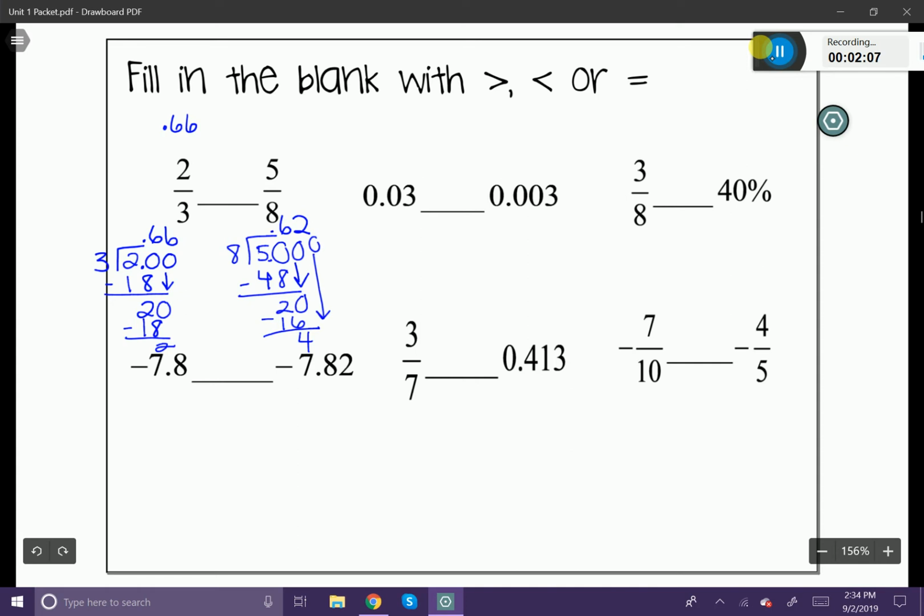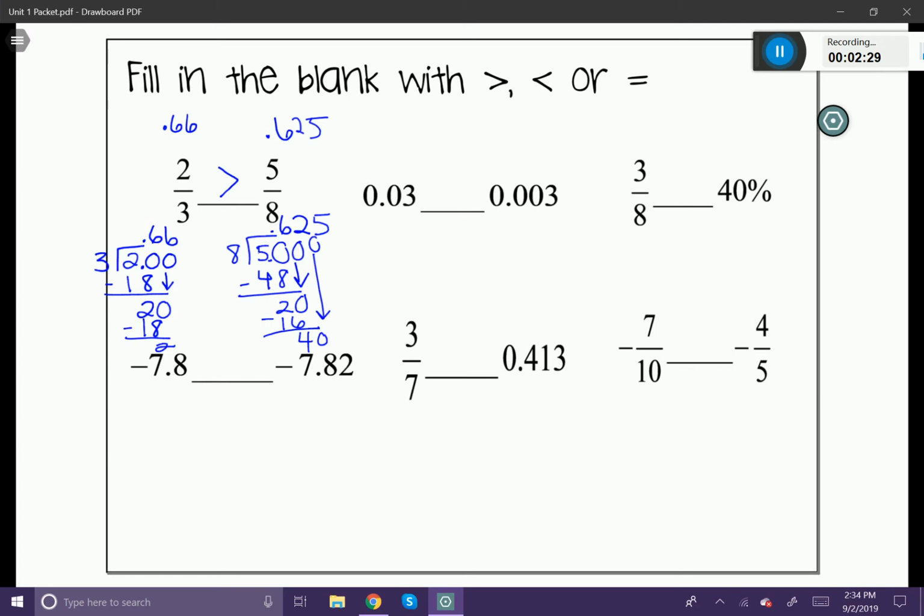I'm going to bring down my 0. 8 goes into 40 5 times. So we can actually stop right there. So we have 0.625. So there are the decimals made up of these fractions. And you can see that 0.66 is a bigger number than 0.625. So I'm going to put the greater than symbol in the blank.